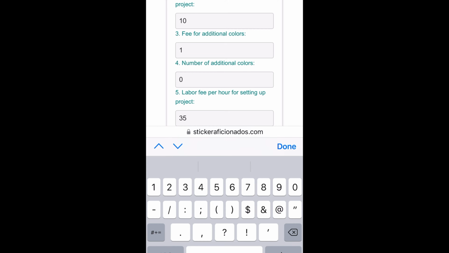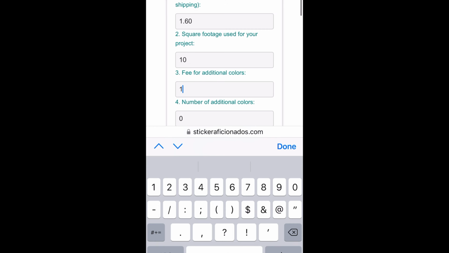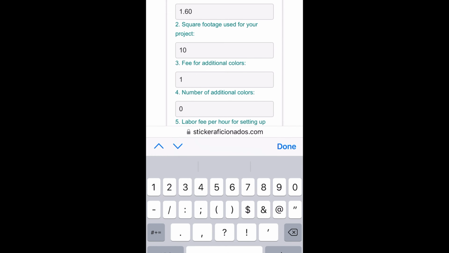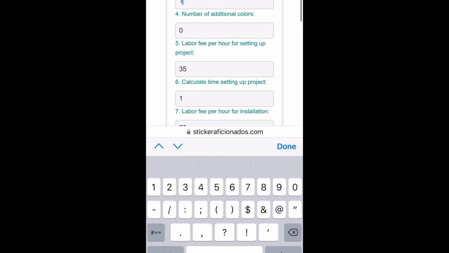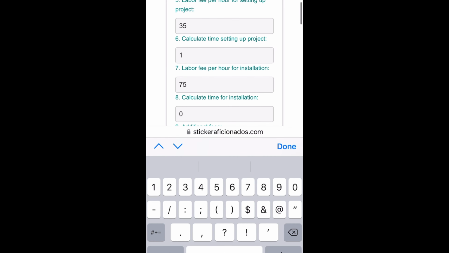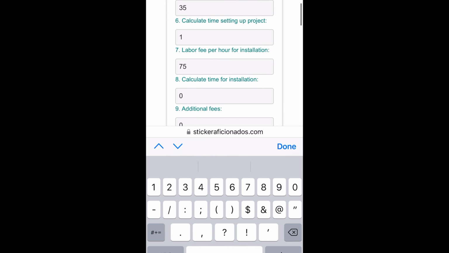So you have to charge for every additional color, even though you have already included the colors here in section 2, because this is the total of all the colors and the square feet of vinyl you're going to use for the project. So that's already covered. But the difference is that this one is for every additional color. That's why it's set at $1. Of course, all of the numbers that you see here are default, but you can change them if you don't like these prices.